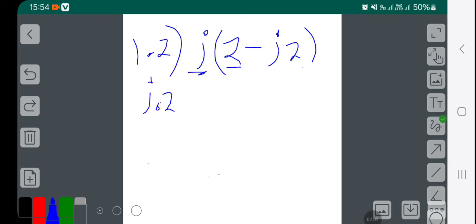The next, what do you do? We say that i multiplied by ij is going to be minus j squared multiplied by 2.